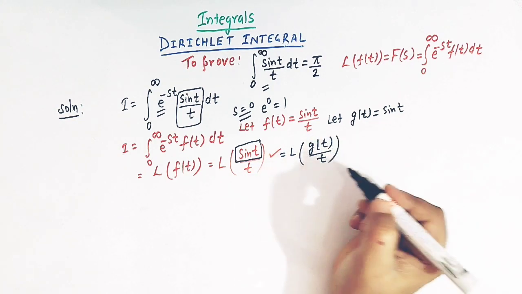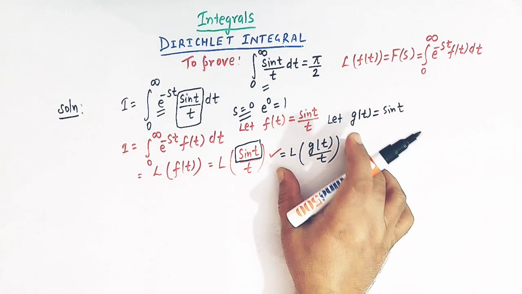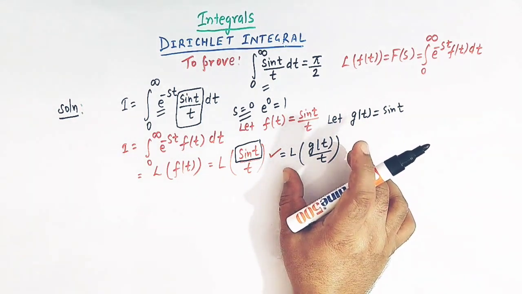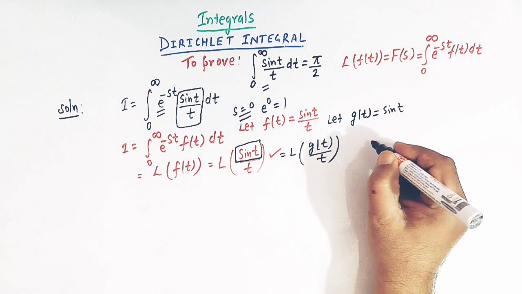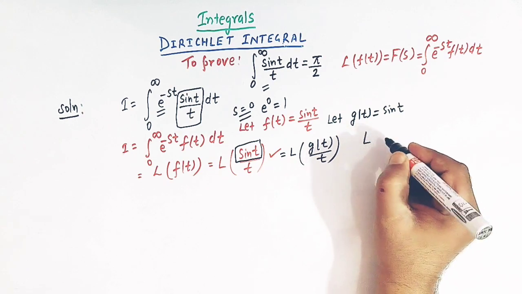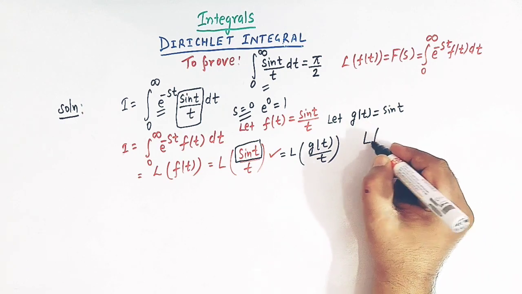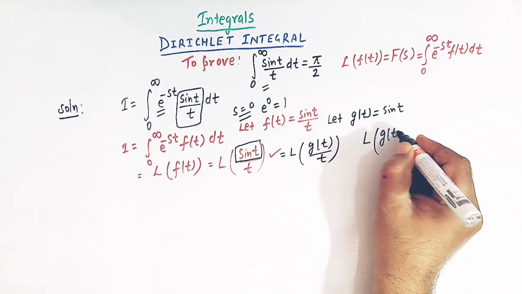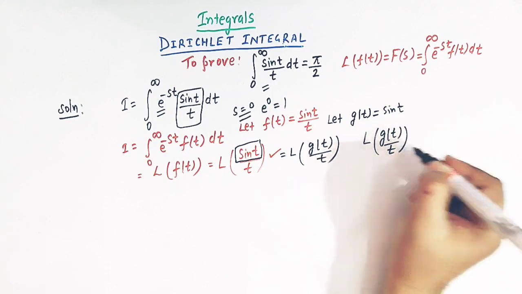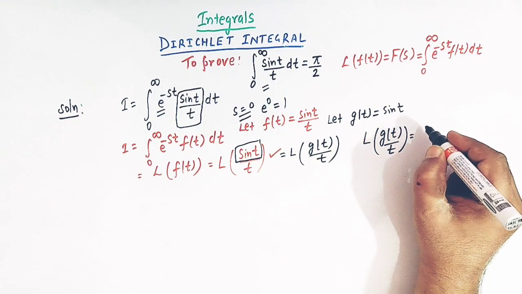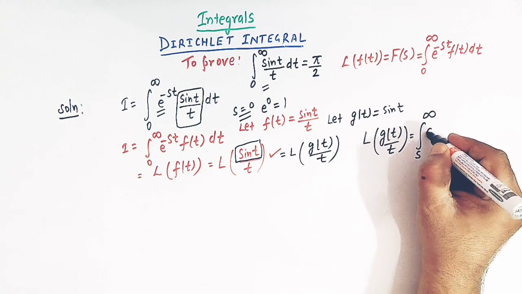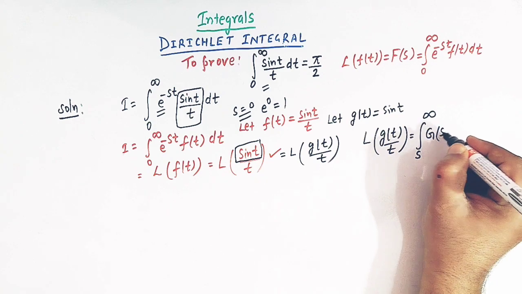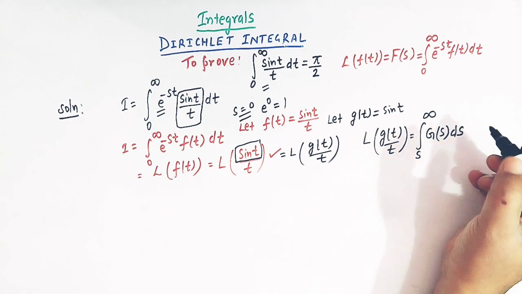So now the Laplace transform of sine t over t is the Laplace transform of g of t divided by t, right? And now here we'll use an important result from Laplace transform. So viewers, the Laplace transform of g t over t is given by this integral, that is s to infinity, capital G of s ds, right?